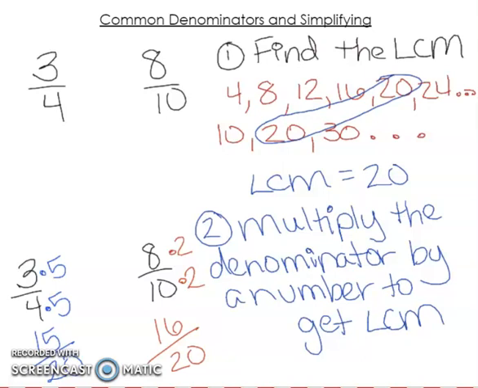So let's look at another example. So 9/12 and 2/18. So again, I'm going to look for the LCM.